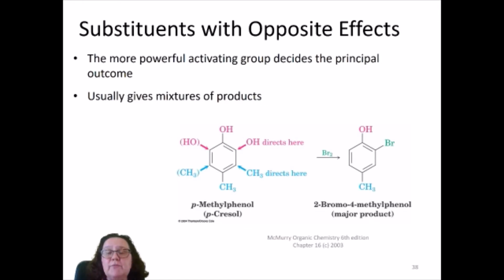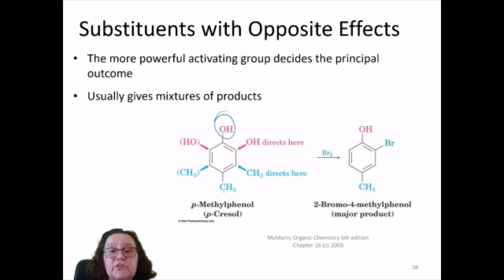Sometimes you have substituents that have opposite effects. And then either the most powerful activating group will determine the principal outcome, and most likely you have a mixture of products. The other one will still have some influence. So for example, a hydroxyl group favors ortho and para positions to itself.